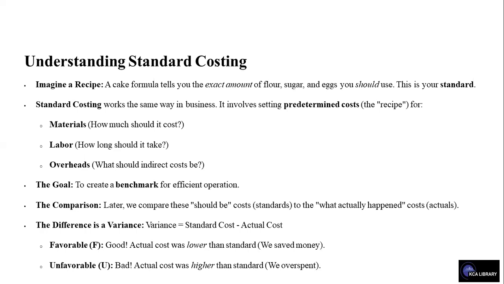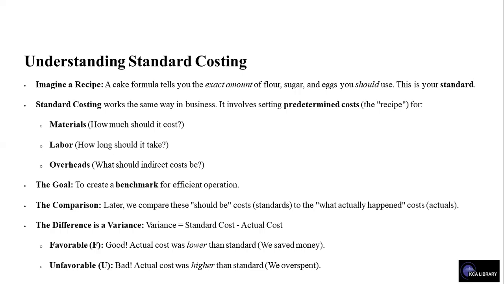To understand standard costing, a cake formula actually tells the exact amount of flour, sugar, and egg that is supposed to be used for a particular baking. That's talking about the standard: what is expected to be used to make a perfect cake.